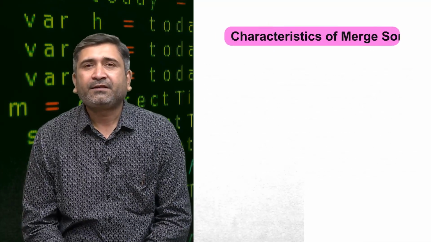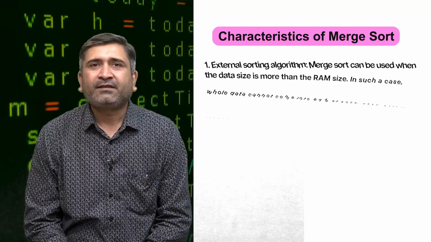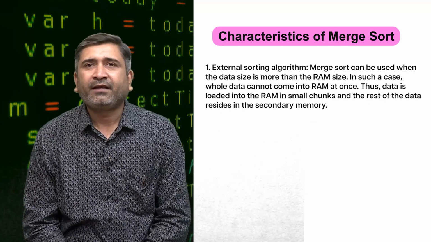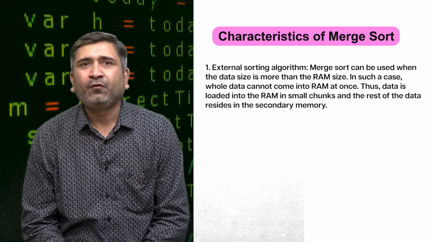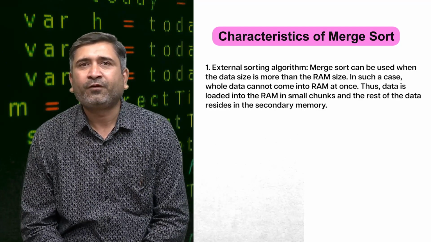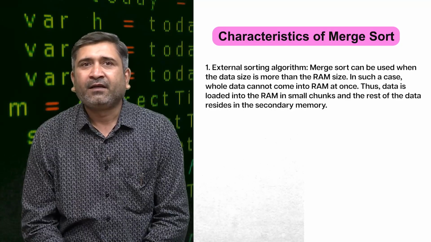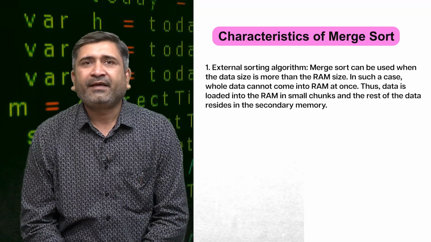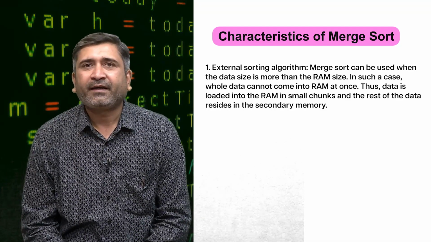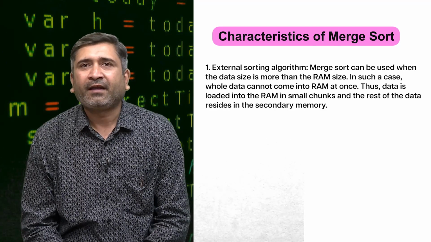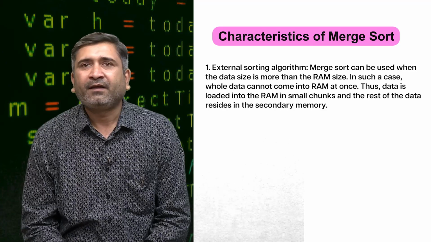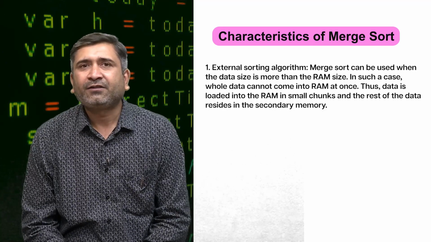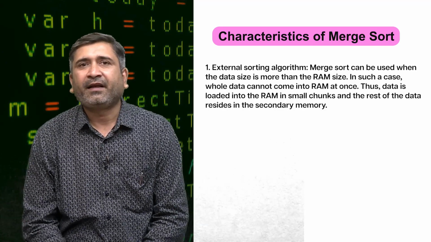The characteristics of merge sort: the first characteristic is that it is an external sorting algorithm. Merge sort can be used when the data size is more than the RAM size. In such a case, the whole data cannot come into RAM at once, so the data is loaded into RAM in small chunks, and the rest of the data resides in secondary memory.